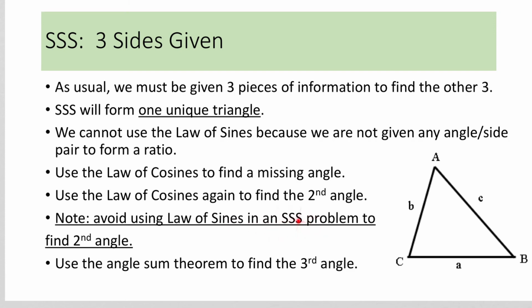Also, do not use it in an SSS problem, my recommendation, so that you don't end up with a false solution, because it won't give you the obtuse angle if you happen to have one. The last thing we're going to do is find the third angle by subtracting the first two that we found from 180 degrees, and then we'll have all six pieces for the SSS case.